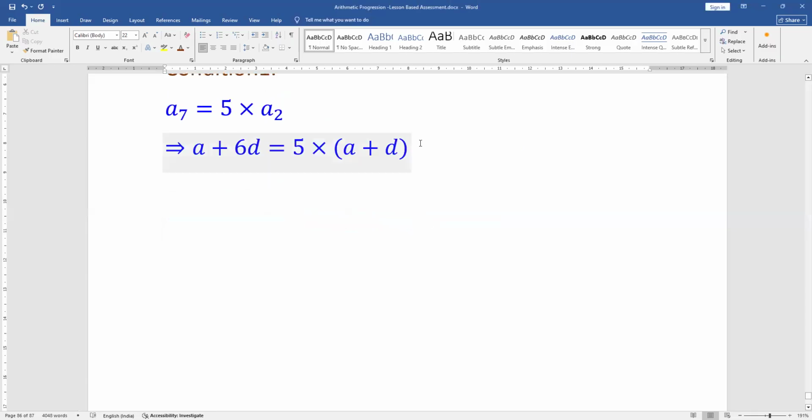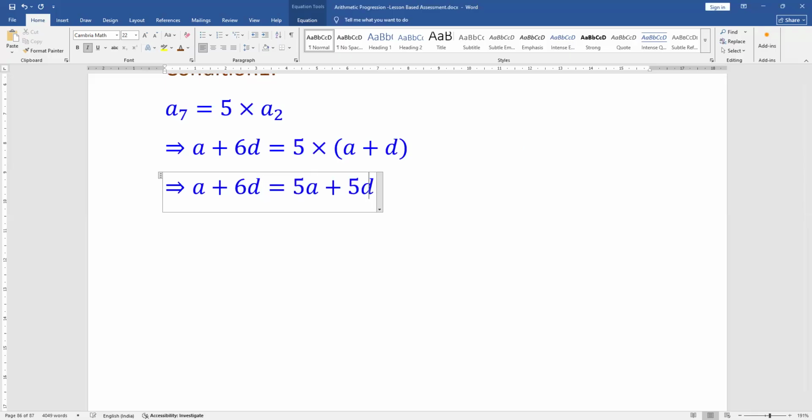Okay, next step. A plus 6D equals 5A plus 5D. Why 5A plus 5D? 5 into A is 5A, 5 into D is 5D. Then I move all the D terms to one side and the A terms to the other side.